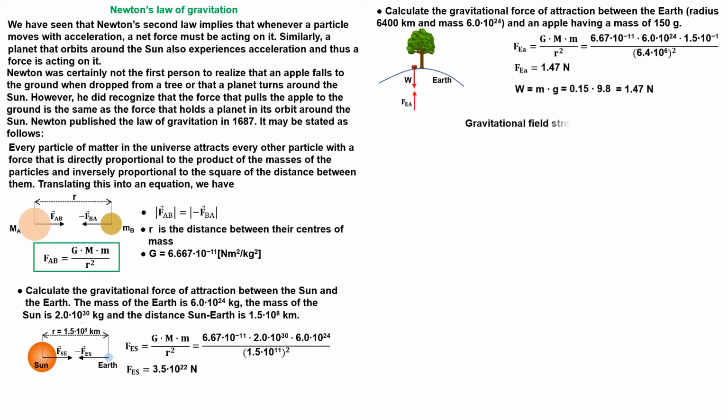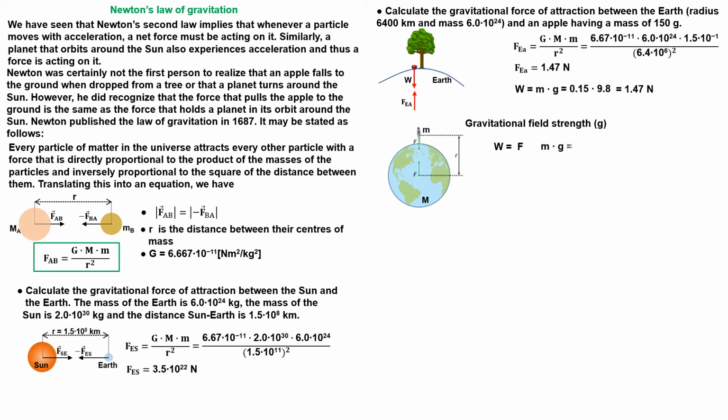Gravitational field strength. We can use the fact above to determine the gravitational field strength for a point or spherical mass. Let us assume that the Earth is a uniform sphere of mass m. The gravitational force from Earth on a particle of mass m located outside Earth, a distance r from Earth's center, is given by Newton's law of gravitation. However, this gravitational force is the weight of this particle.